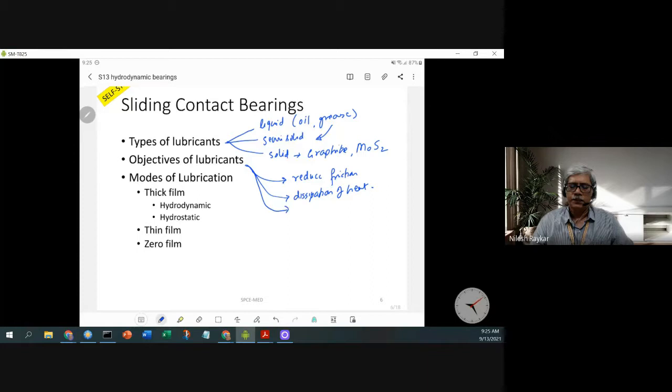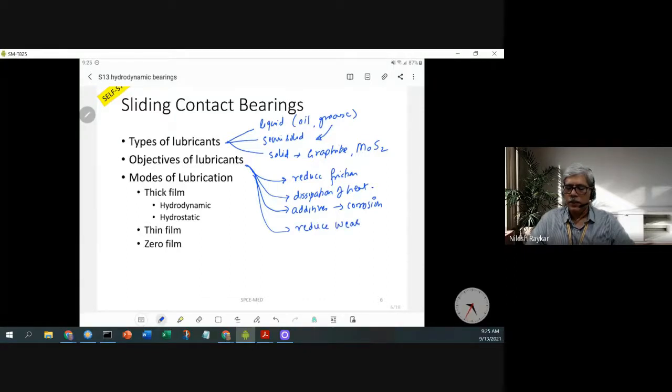The third thing is that they have additives which prevent the corrosion between the two parts. So that is also one more advantageous thing about the lubricants. And in addition to reducing the friction, they also reduce the wear.